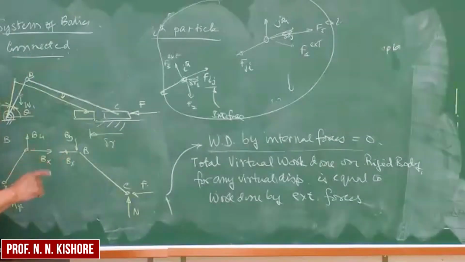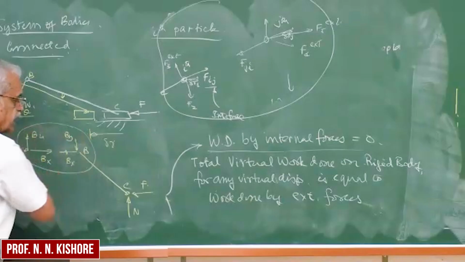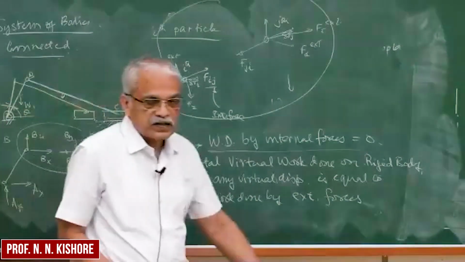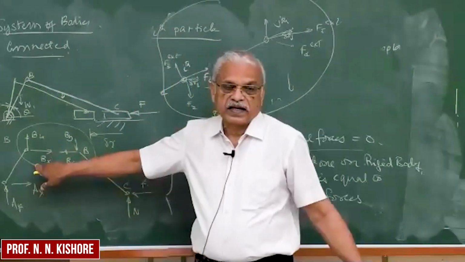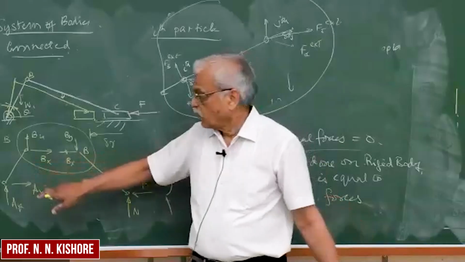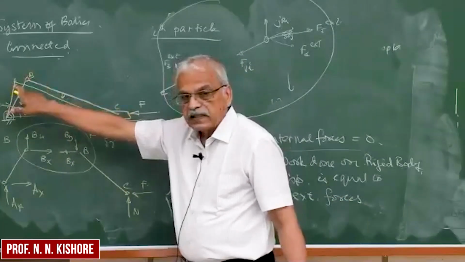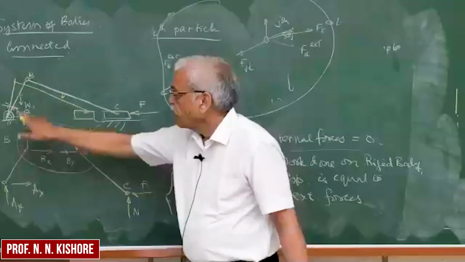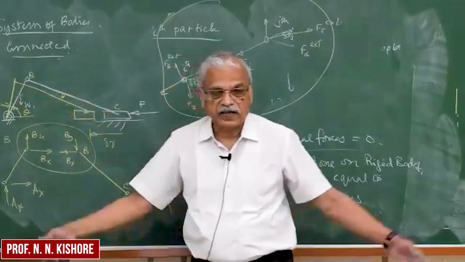So interestingly, since these are internal forces, when you combine the work done by all the forces, the work done by these internal forces will again become zero. Why? Because this point B will undergo a certain displacement, but that displacement is the same either when you consider this crank or this connecting rod separately.